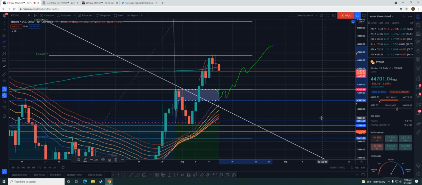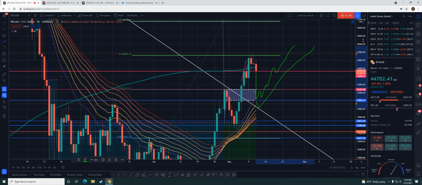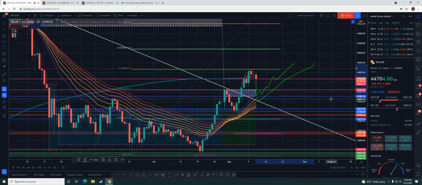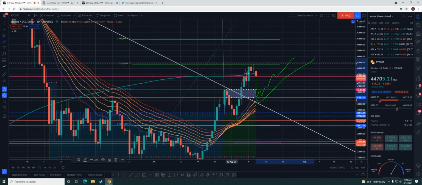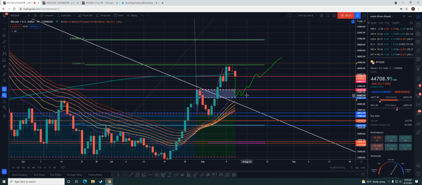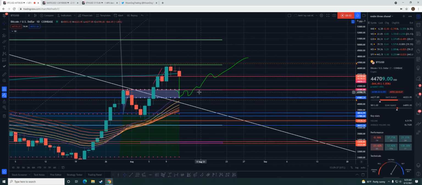Or we can come down and touch down here and go from our bump and run. That's what I'd be looking for. More than likely, I think 41 holds up at the least. So I just wanted to get this update out to you guys and clear things up. Make sure you guys are aware of this.